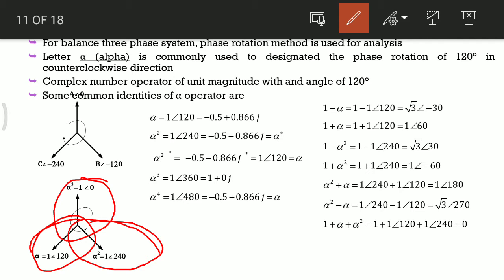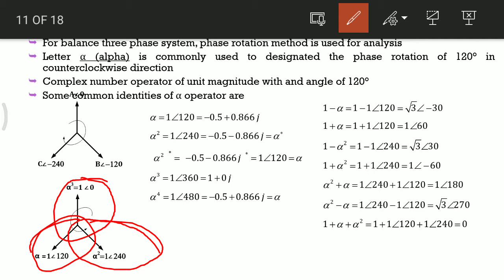So you can multiply many times, and the result will keep repeating. If we multiply once, it will be alpha square. If we multiply thrice, it will be alpha cube, and at alpha cube it becomes magnitude 1 at an angle of 360 degrees, meaning a complete rotation, 0 to 360 degrees.